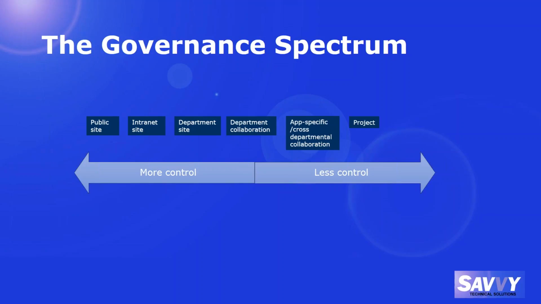For instance, on the left side of the spectrum, we want high control in how we organize or manage that site because we want to make sure the information being communicated is optimal. But if people are working on a project, visibility is limited to a certain amount of people. We want them to have maximum flexibility to create whatever kind of documents they need.